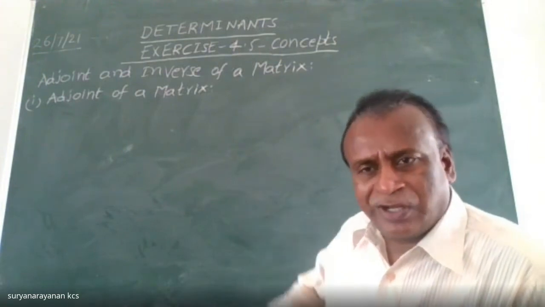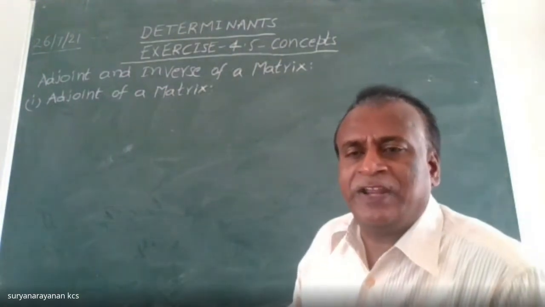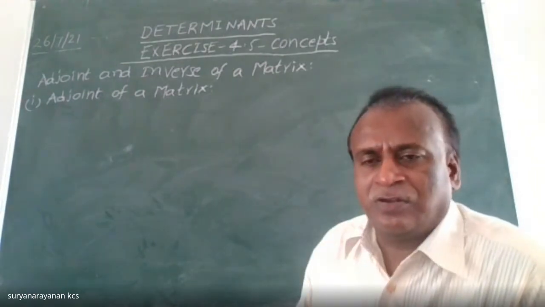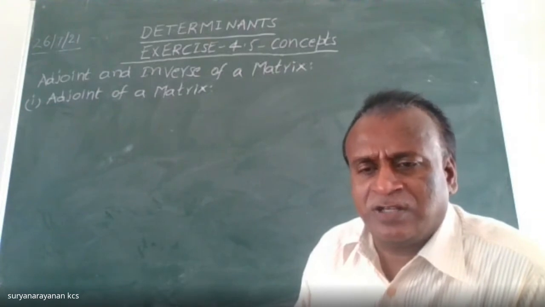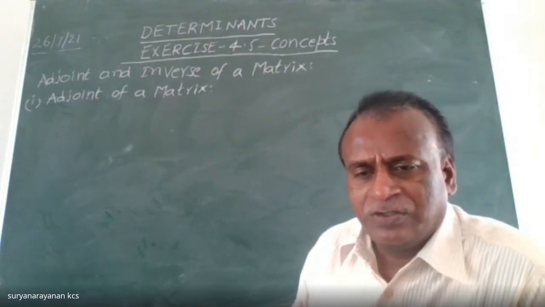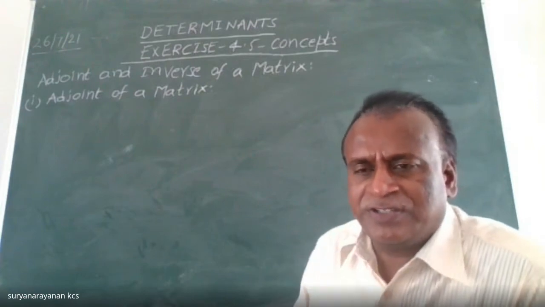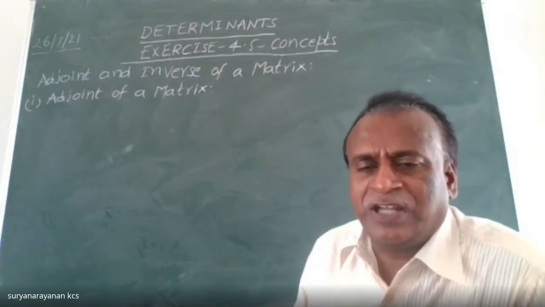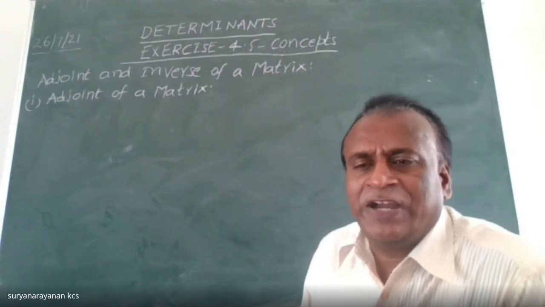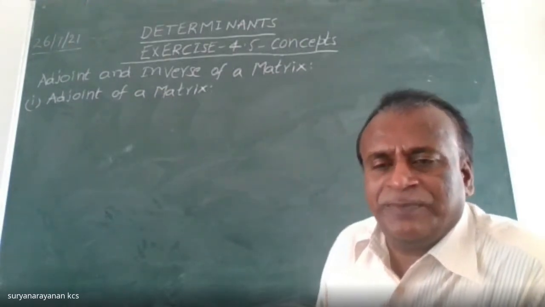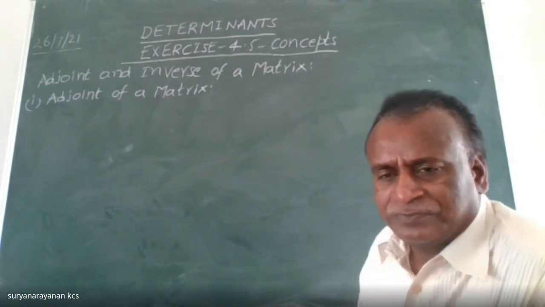Okay, we have used row operations. You can use column operations also to find inverse of the matrix. Someone has used that column operation, I think Kiran Raj or someone. Yesterday, in the weekly test, I gave the question to find inverse of the matrix using elementary operations.